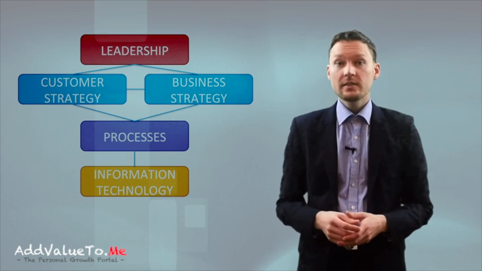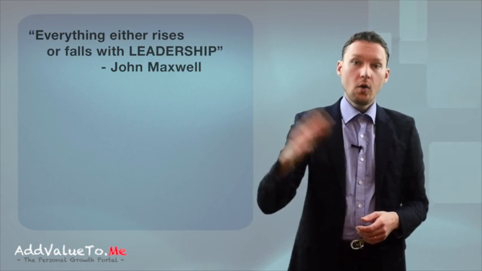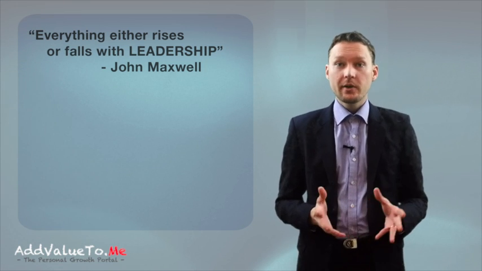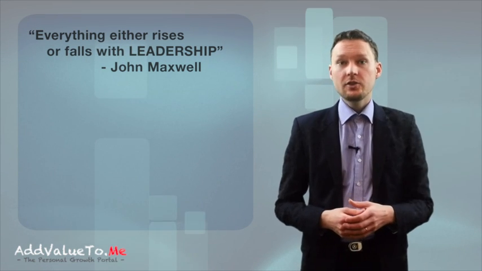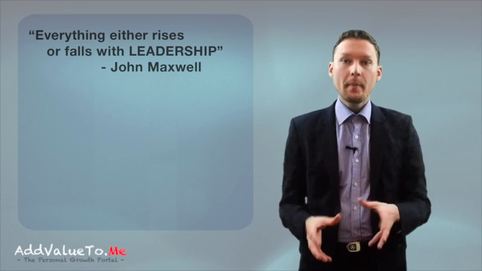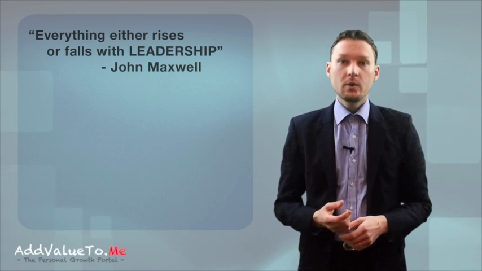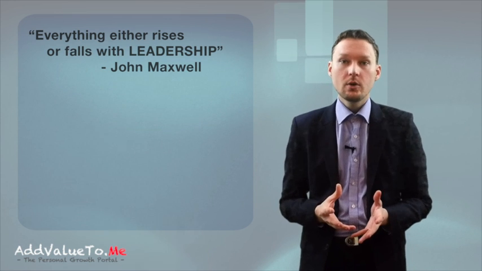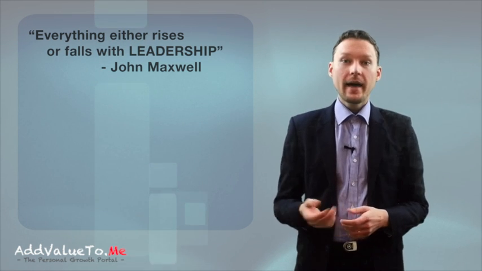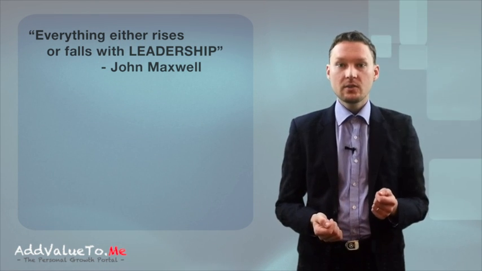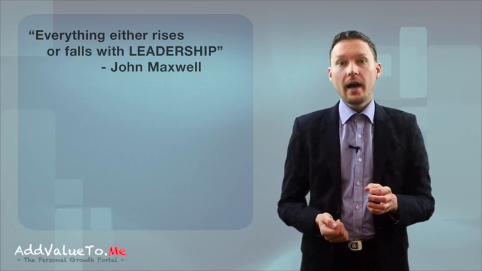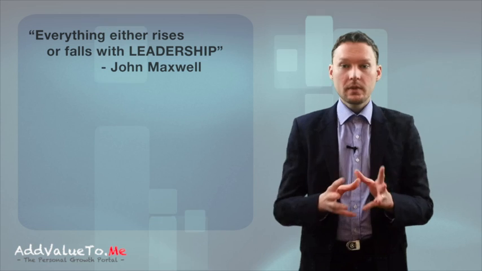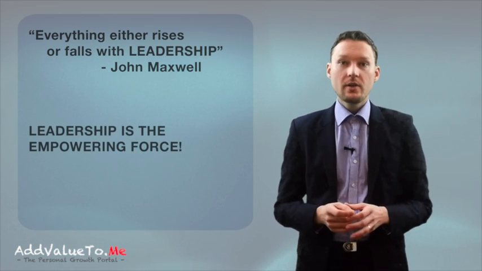Like John Maxwell likes to say, everything either rises or falls with leadership. And I think that's absolutely the right way to say it, because if you have really good leadership in place and people are happy to work and they know why they are working and they know what the shared goal is, where this company is going, and they do that together, then the atmosphere and the culture of the company is going to be very nice. And for that reason, leadership is the enabling and all-empowering force that you need to have in your company.